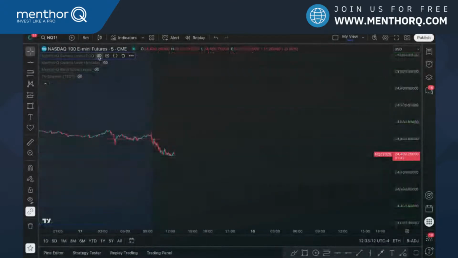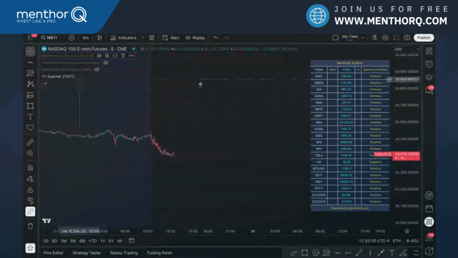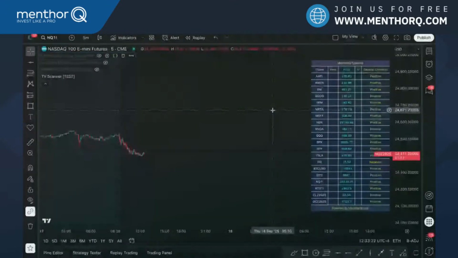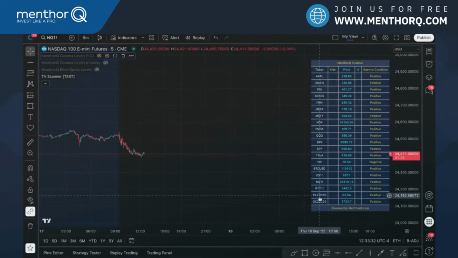The new thing that is actually coming this week is our scanner. So we are going to give you the ability to now have real-time alerts on levels by using the TradingView infrastructure. So this is going to be released in the next few days. It's going to contain levels for the majority of assets that you would potentially look at.